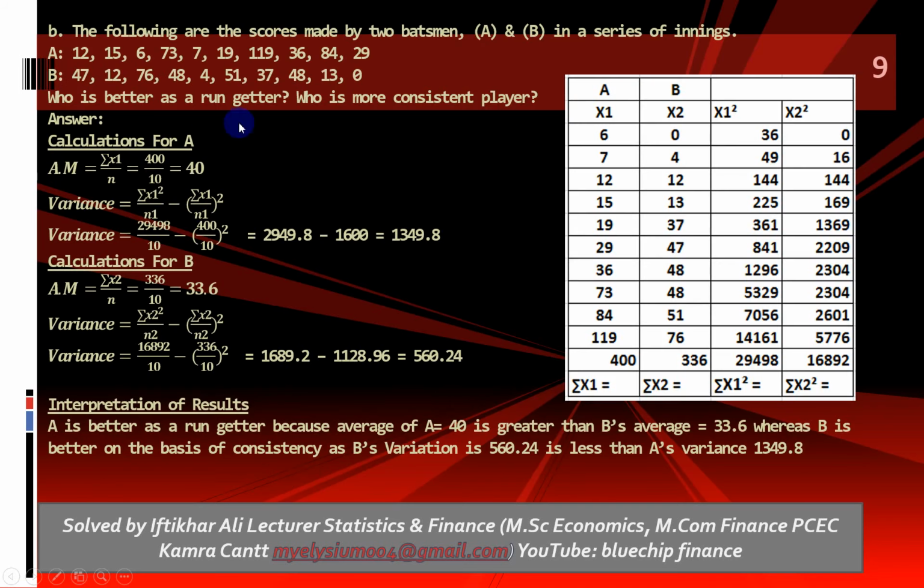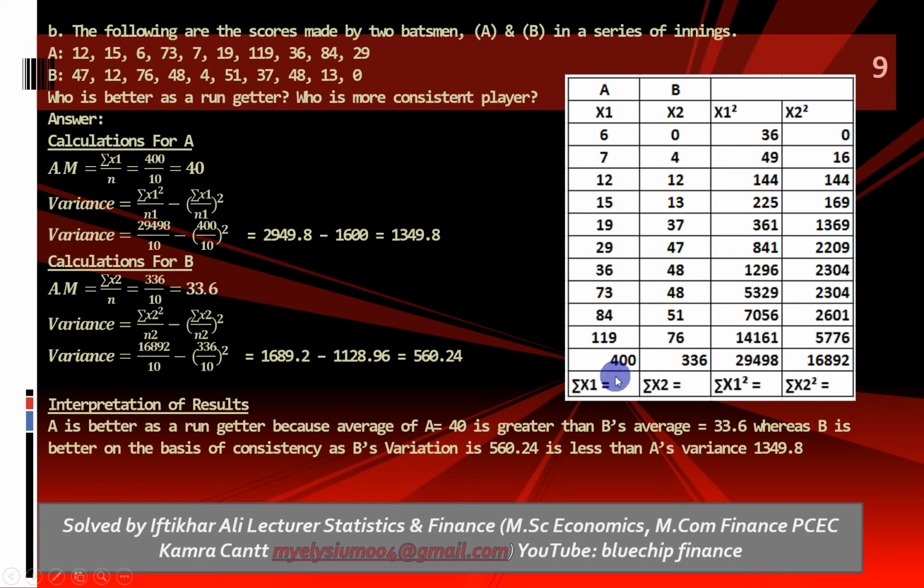Part B: the following are the scores made by two batsmen A and B in a series of innings. Who is better as a run getter, who is the more consistent player? It is a very interesting question. First of all, we take the mean of these two batsmen's scores.